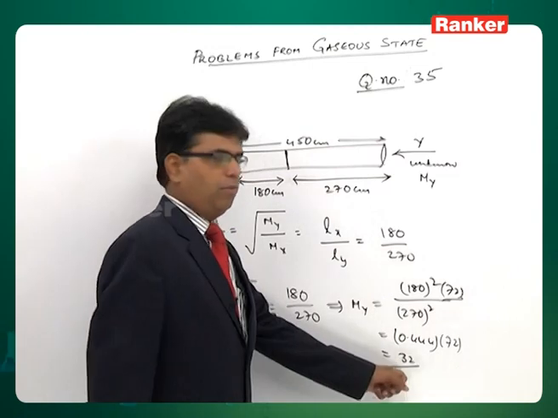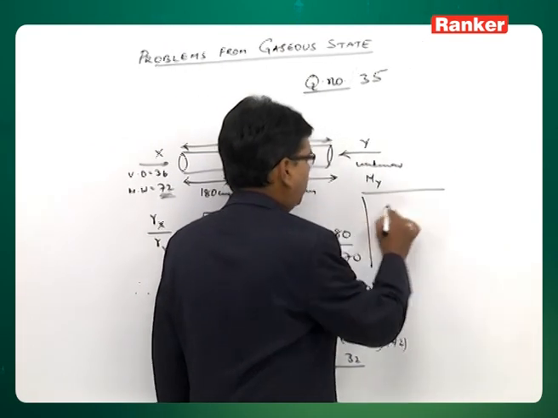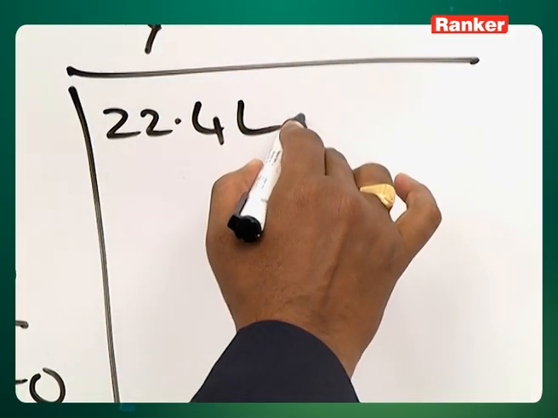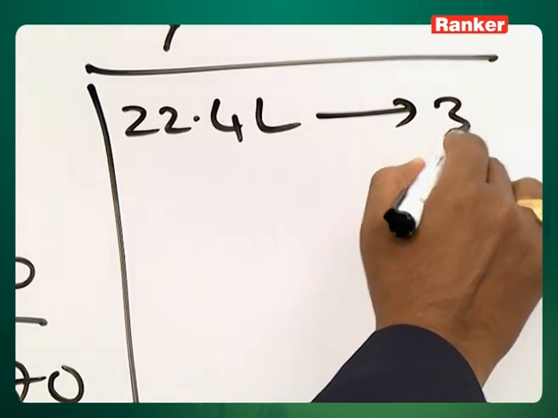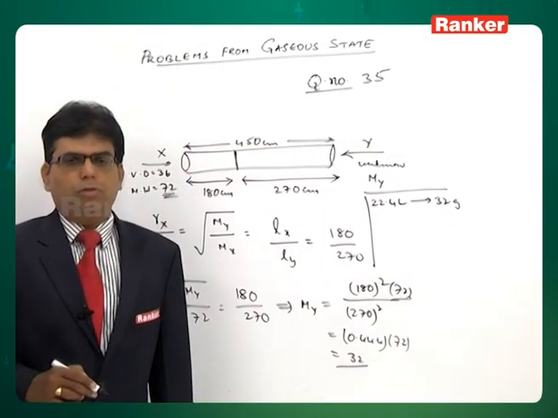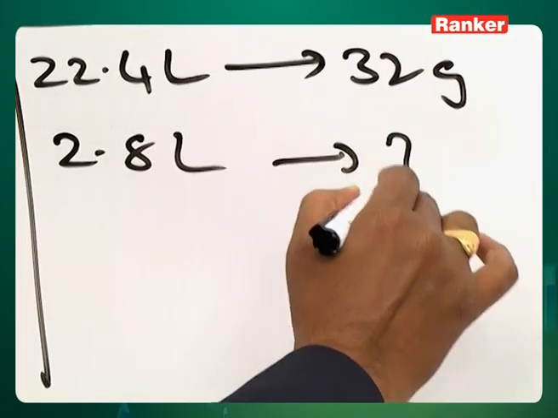When the molecular weight of the unknown gas is coming out to be 32, the meaning is that 22.4 liters of that gas will have a weight of 32. That is 1 mole. So, what is the weight of 2.8 liters of that particular gas?